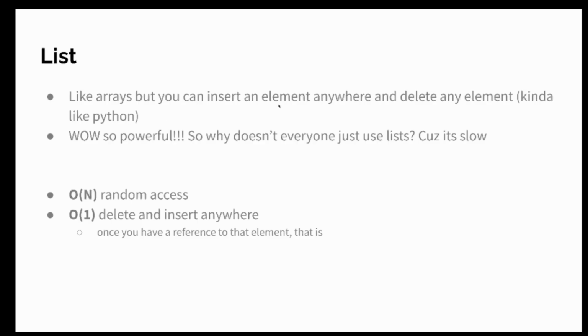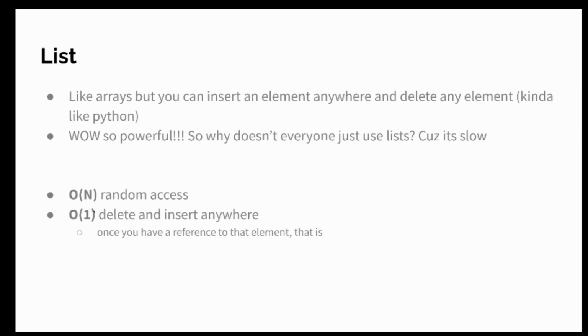But if you look at a list, it looks like it's so much better than any different data structure, right? But why doesn't anyone use this? Actually, we don't use it because it's very slow. So if let's say you have a list 1, 2, 3, 4, 5, 6, all the way to 10, if you wanted to access an element inside of the list, it would actually take O(n) time complexity.